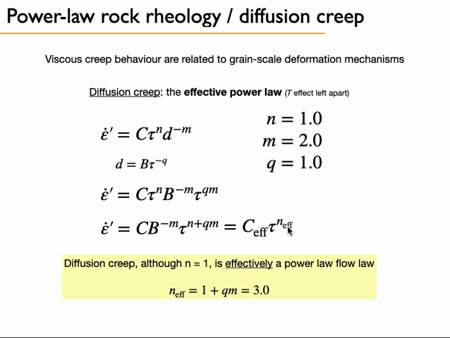So what this shows us is that even a diffusion creep with an n of 1, because m is larger than 0, becomes effectively a power law flow law. That's an important message here: even apparently linear flow laws that represent diffusion creep are in fact power law.